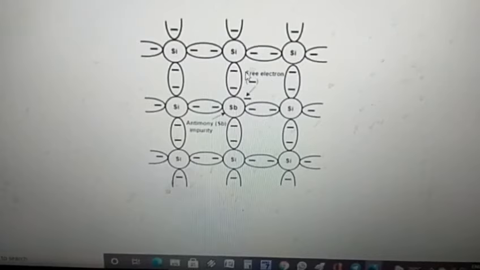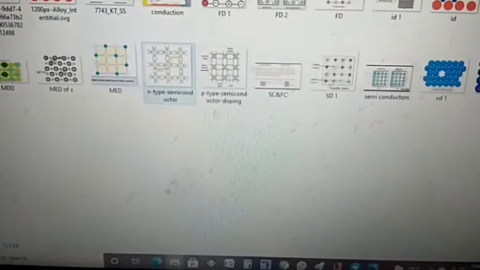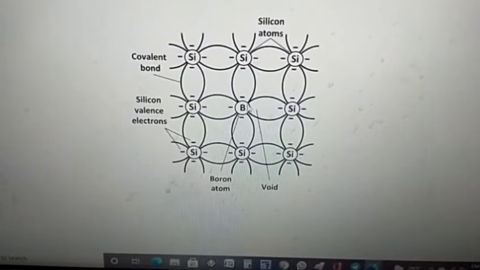Instead of 15th group elements, if we dope them with the 13th group elements like boron, aluminum or gallium, then what happens? Here 13th group elements means they will have only 3 electrons in their valency shell. Now if we take this boron, it will have only 3 electrons in its valency shell. Already all of us know about electronic configuration, so I am not explaining it again.